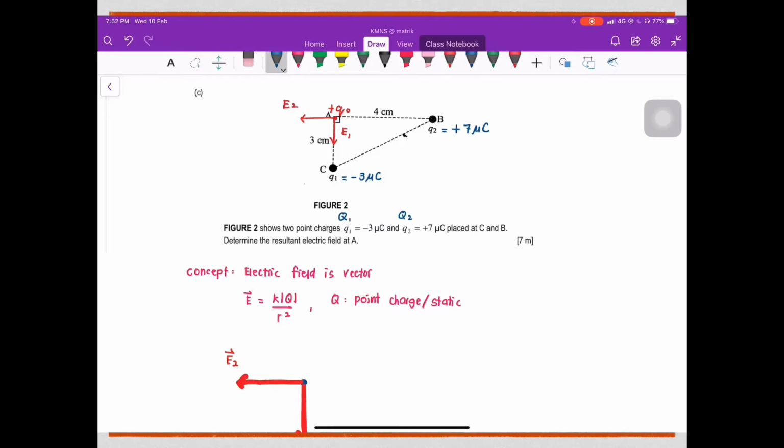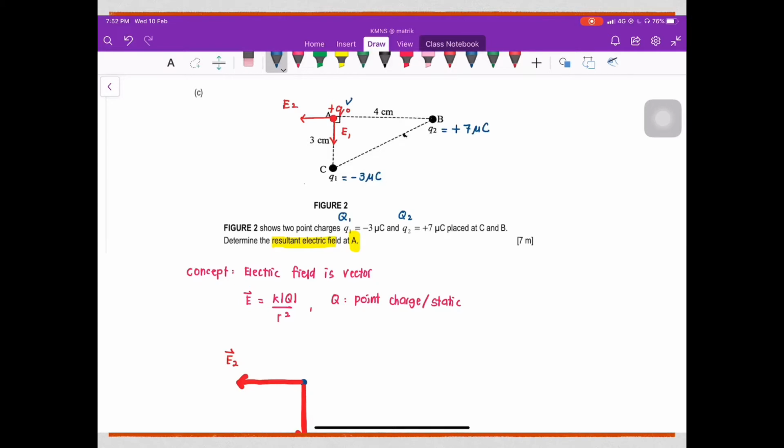Then determine the resultant electric field at point A. So what we need to do is first, at point A, we need to place one positive Q0. Second, we need to draw an arrow to show the electric field produced.